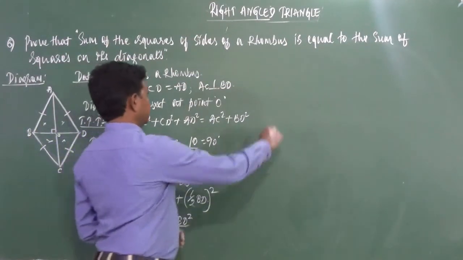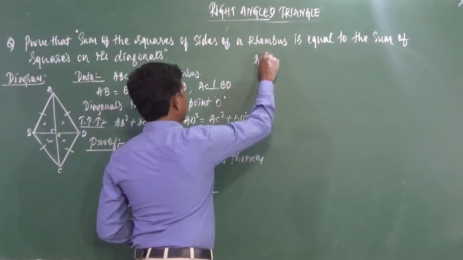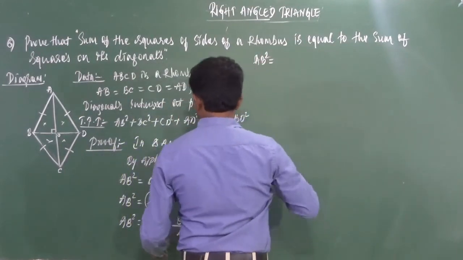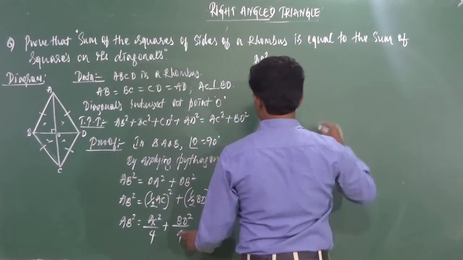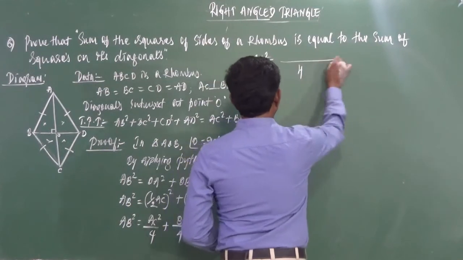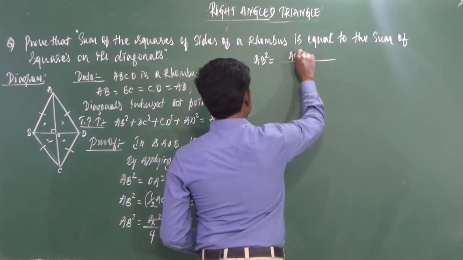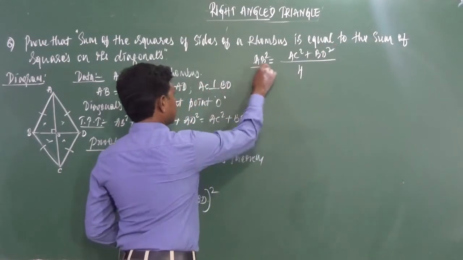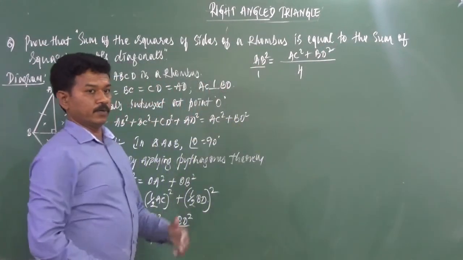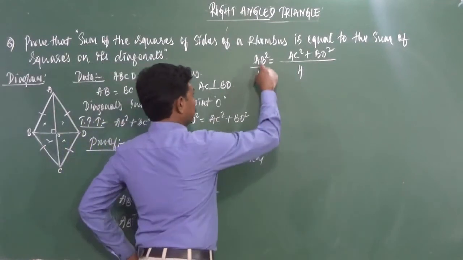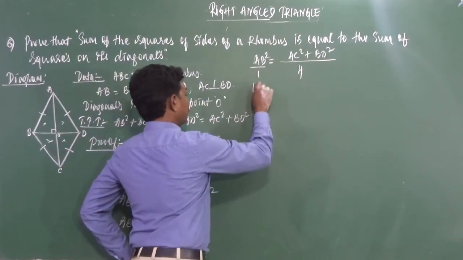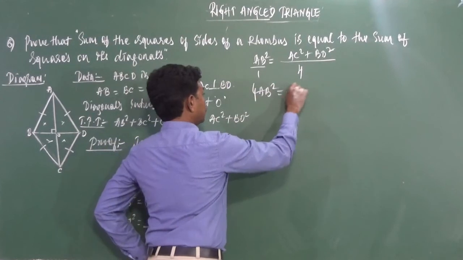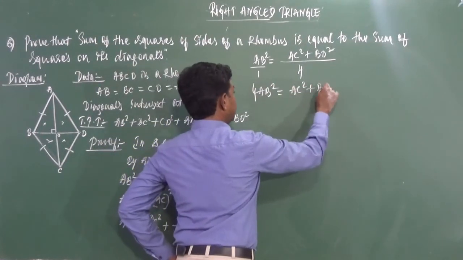Okay, we will take LCM for this. So AB square is equal to, for AC square by 4 and BD square by 4, LCM is 4. So that becomes AC square plus BD square. Let us go with cross multiplication, and below AB square we have 1 as the denominator. So 4 into AB square is 4 AB square is equal to AC square plus BD square.